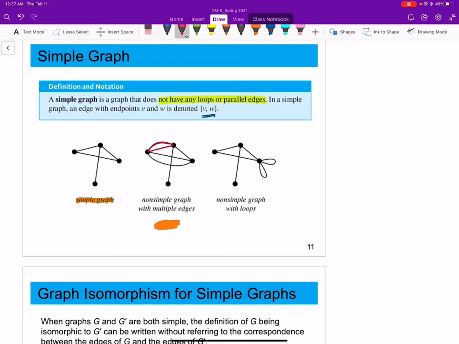This and that are multiple edges. These are multiple edges and those are multiple edges. In the next graph, there are some loops. First loop, the second loop. Alright, so only the first graph is a simple graph, the other two are not.